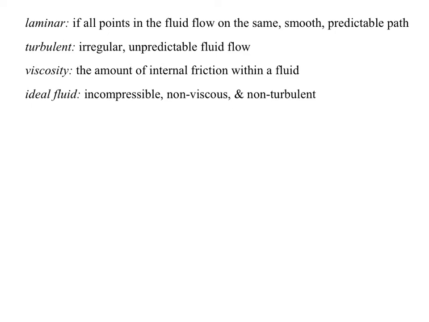Before I get to viscosity and ideal fluid, I'm going to pause for a second. There are several things that affect laminar and turbulent flow. Let's first talk about what's called viscosity. Viscosity is the amount of internal friction within a fluid. It's like how much the fluid resists itself.